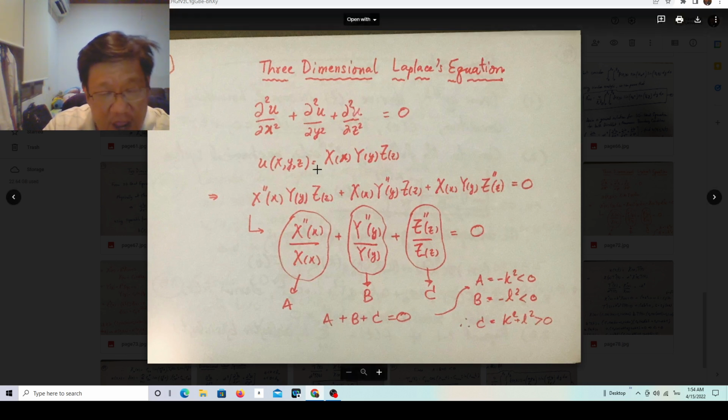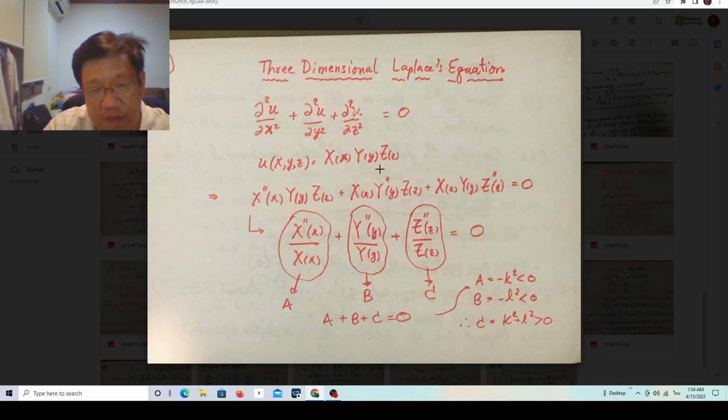So in general now, you should be familiar with the analysis that u of x, y, z is a product of three separated domain functions, capital X, capital Y, and capital Z, corresponding to each domain x, y, and z.